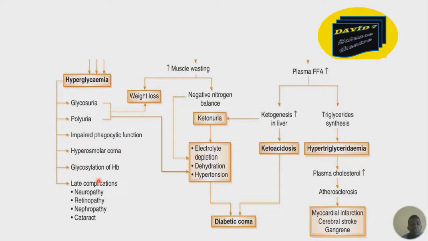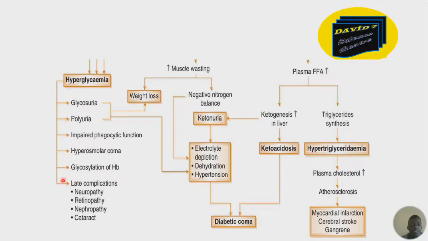Then we have glycosylation of hemoglobin. In hyperglycemia, hemoglobin will be glycosylated to form hemoglobin A1C.